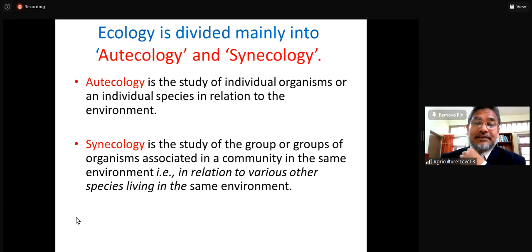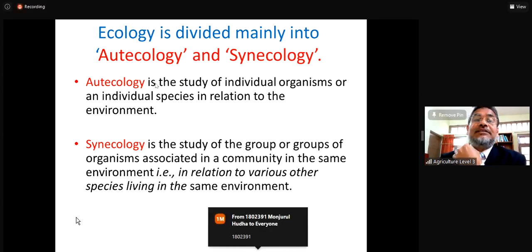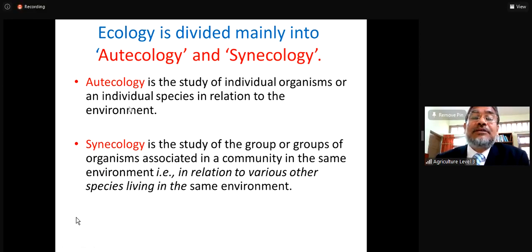So ecology again can be divided broadly. It can be said there are two ecologies, autecology and synecology. Autecology, what is autecology? It is the study of individual organisms, or organisms of an individual species, in relation to the environment.